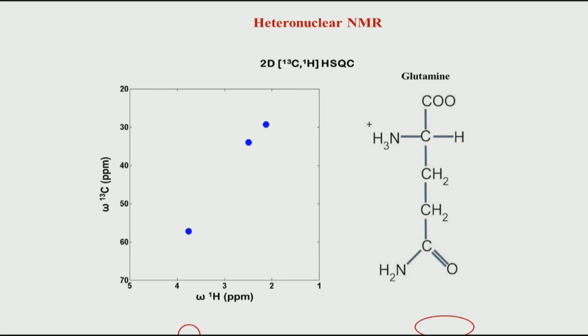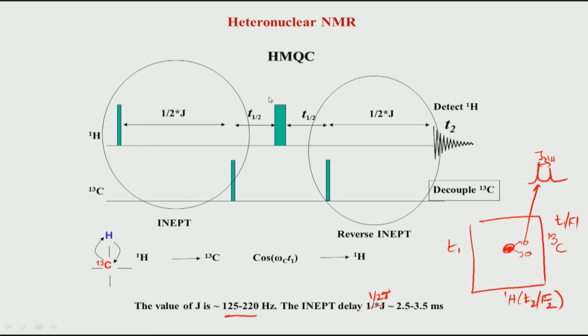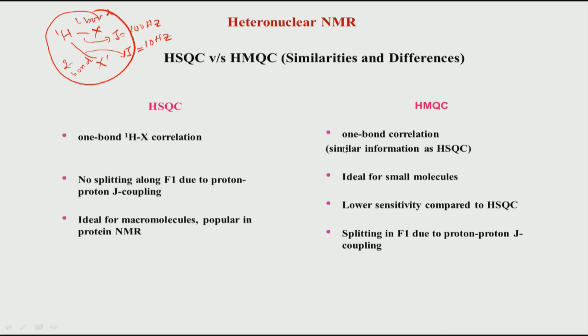That is not there in HMQC. In HMQC it is along the xy plane, and therefore, here it is coupled. So, this is a big difference between the two experiments: in HSQC there is no splitting, but in HMQC there is splitting. Because of this reason we normally like HSQC for a bigger molecule, because sensitivity is a major issue.